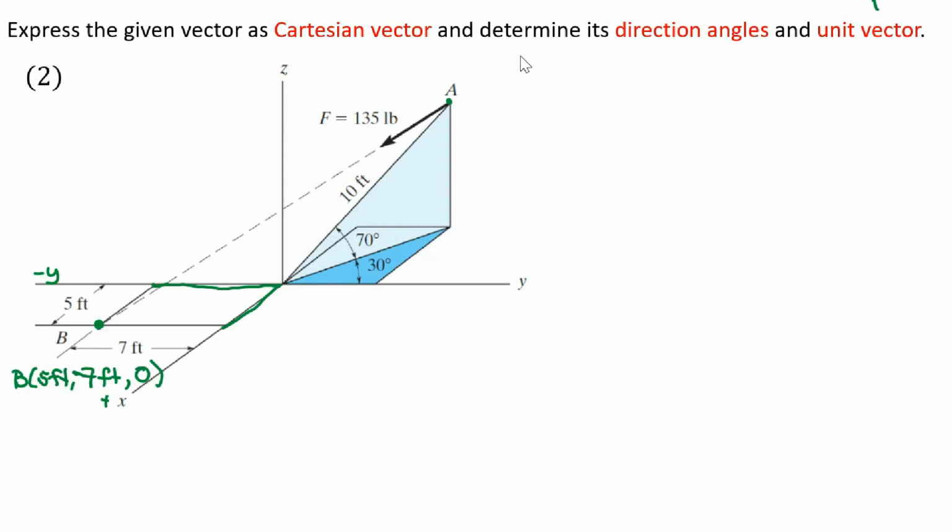Now, for point A, to get point A, you will imagine there is a vector here that is coming from the origin going to our point A, and we call that RA.